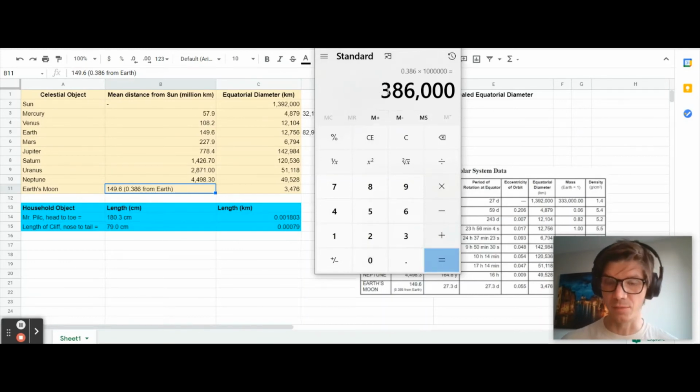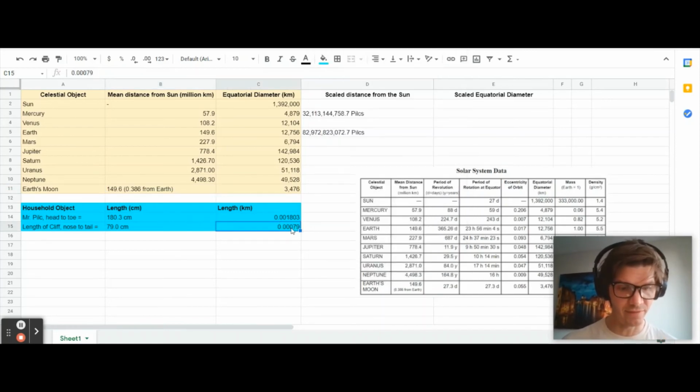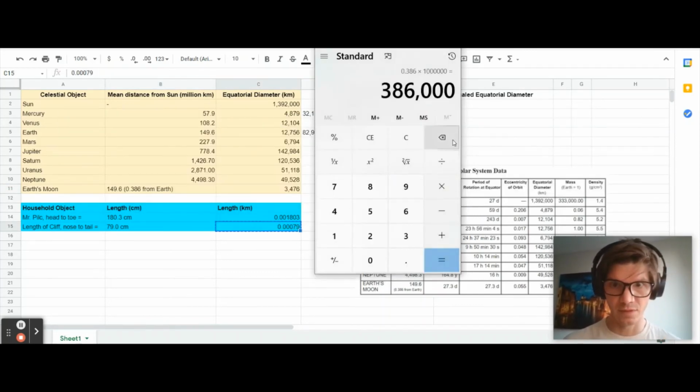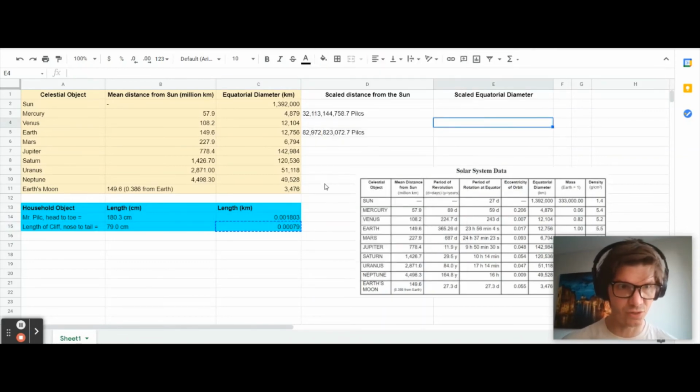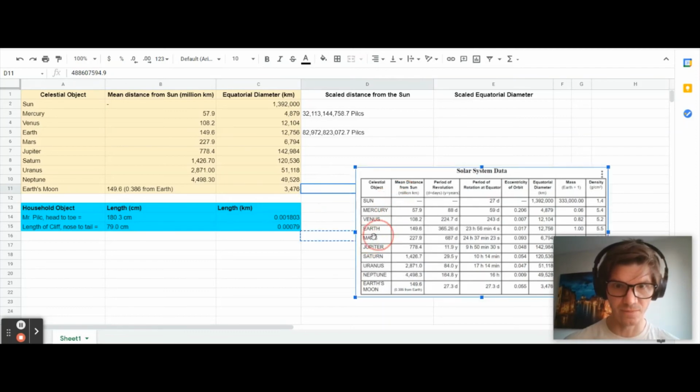So there's the moon's mean distance, and I'm going to divide that by a length of a cliff. Find out how many cliffs could stretch between the Earth and the moon.